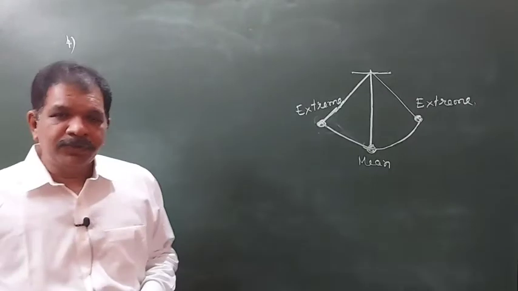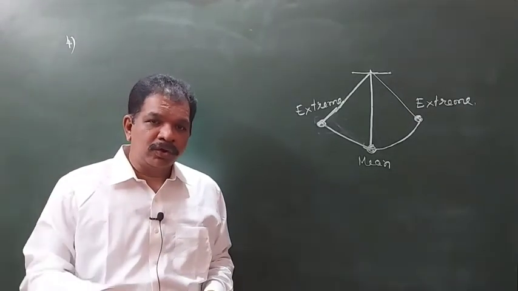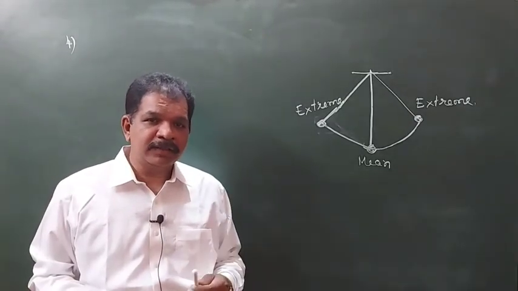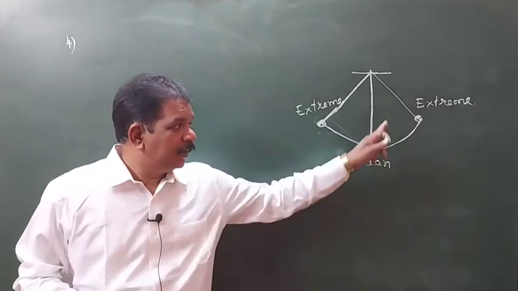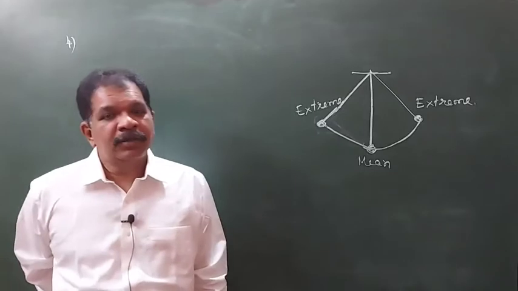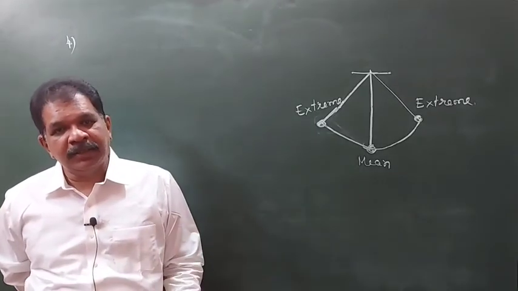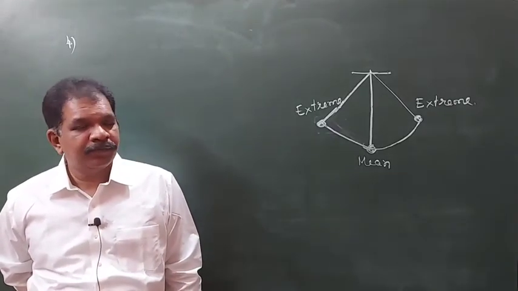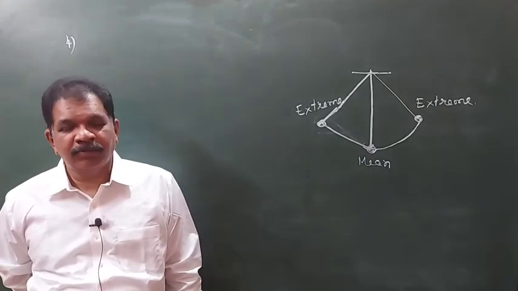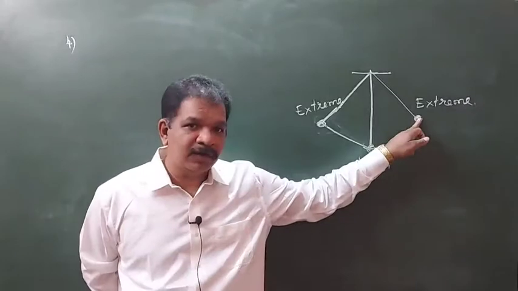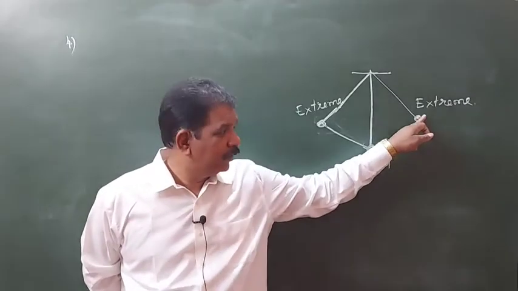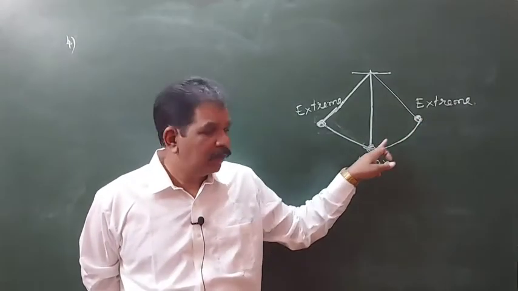At mean position, total energy is in the form of kinetic energy. At extreme position, total energy is in the form of potential energy. Understand the point? At extreme position, velocity, what will happen? 0. Then only it will come back.